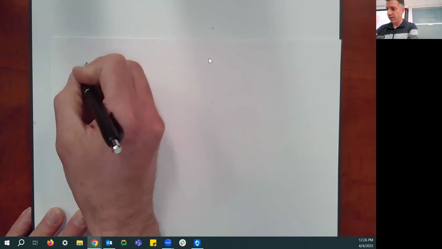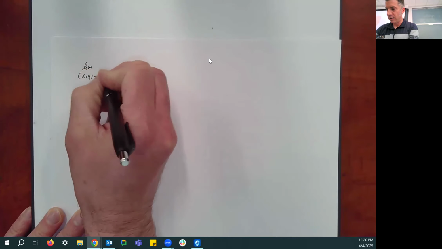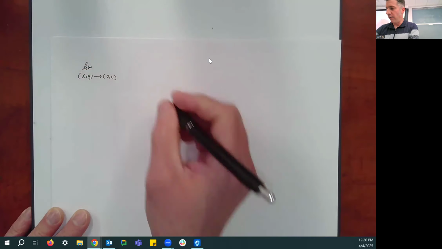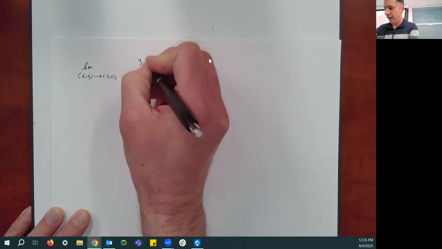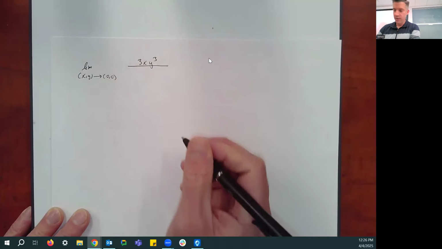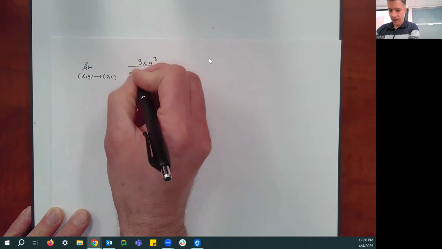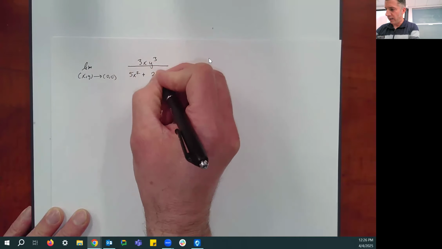The limit as x comma y approaches 0 comma 0 of 3xy cubed over 5x squared plus 2y to the sixth.